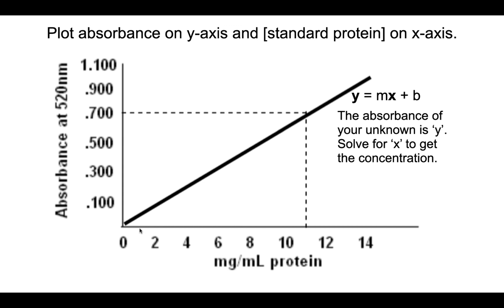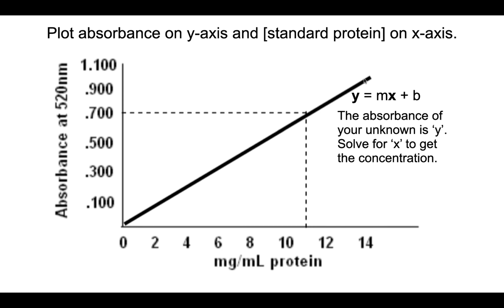I had the 1 milligram per mil. It absorbed 0.1, so we'll put a dot there. Our 4 milligrams per mil was about 0.2. Put a dot there. And when you do that, if you do it carefully, you'll get a line. Now, that line that you produce is your standard curve.